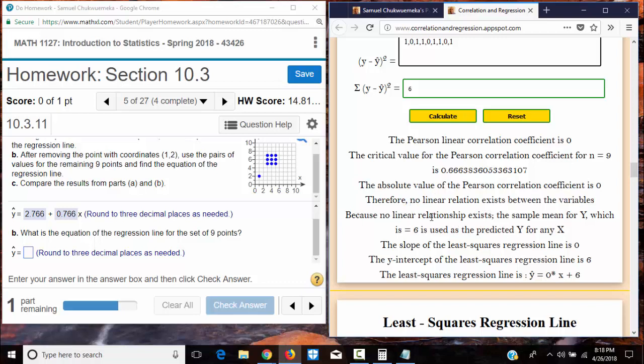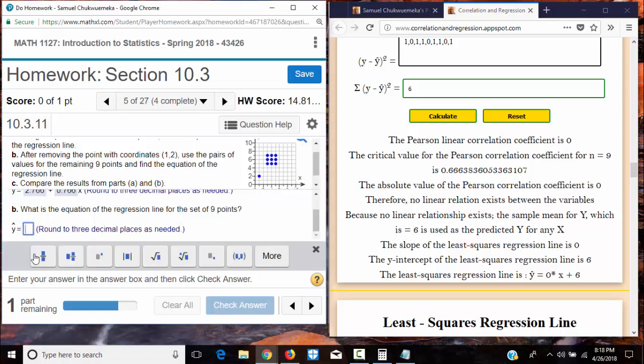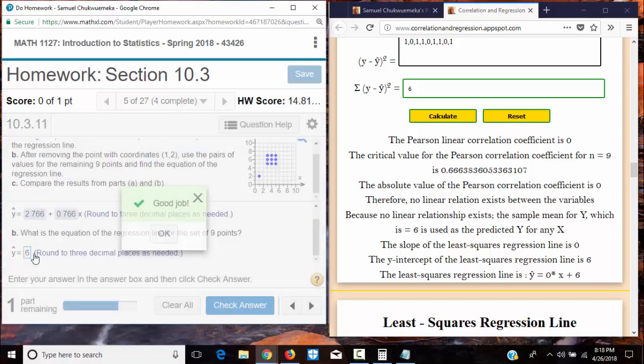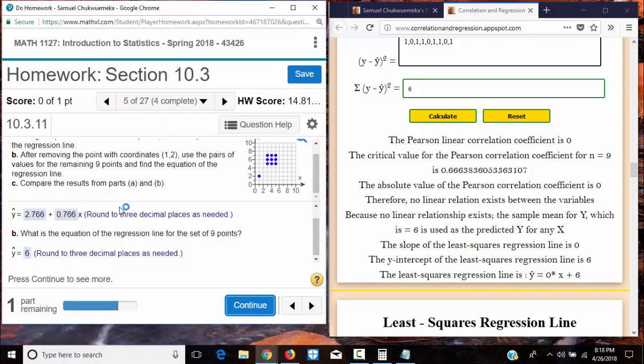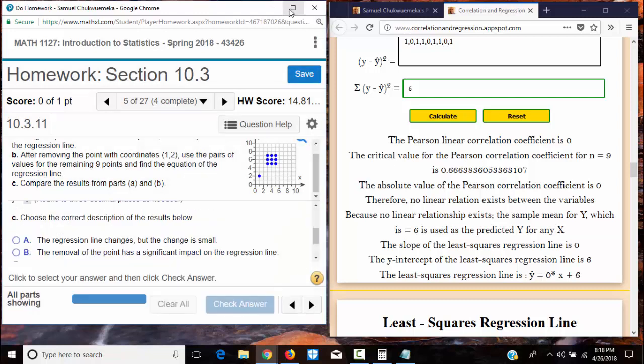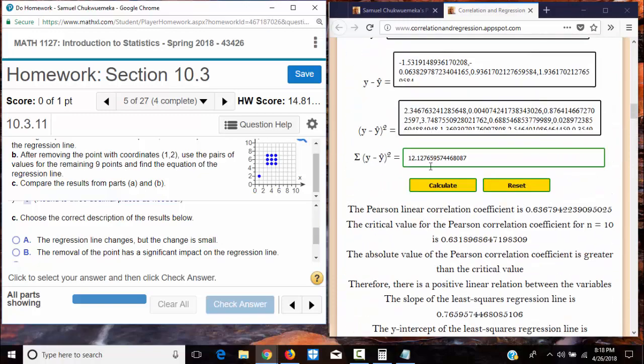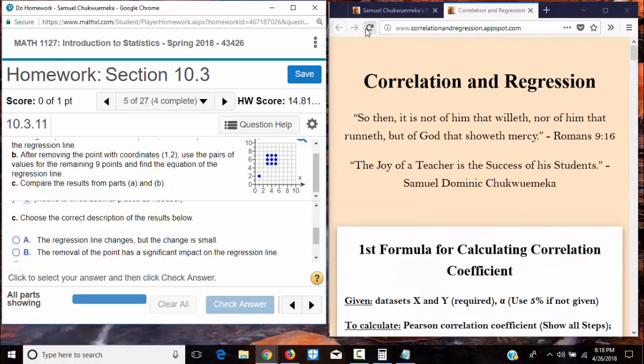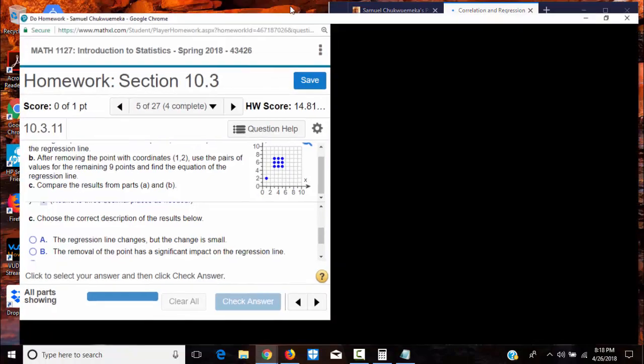So because no linear relationship exists, the sample mean for the Y, which is 6, is used as the predicted Y for any value of X. So this is just 6 here. Then the next question. So it's good after finishing any calculation, just refresh it.